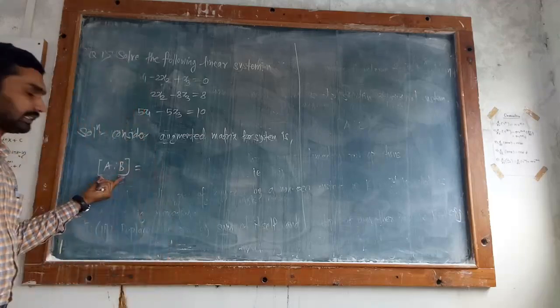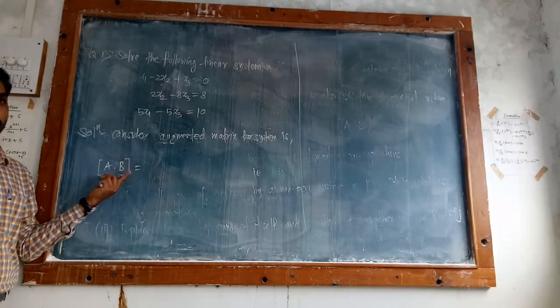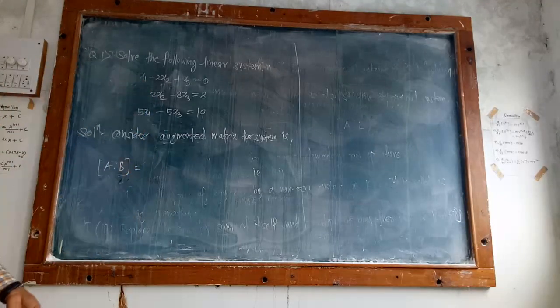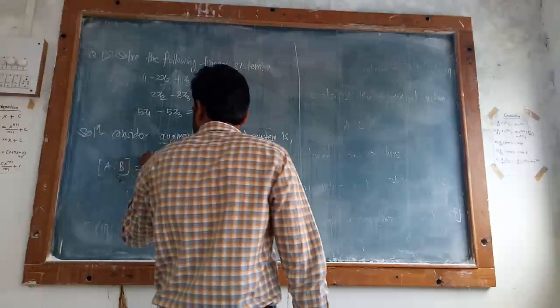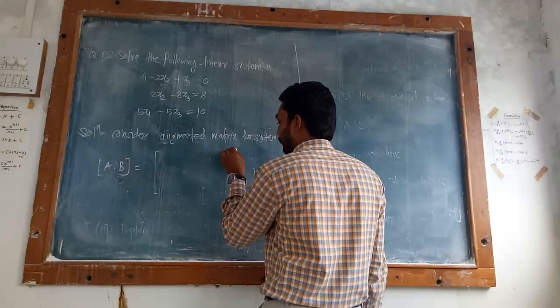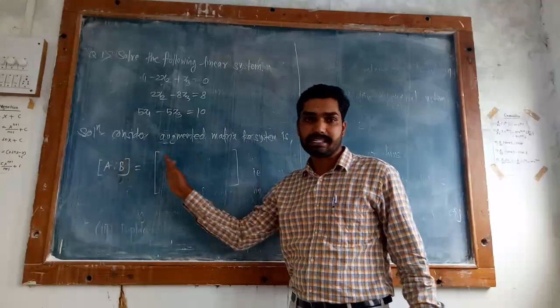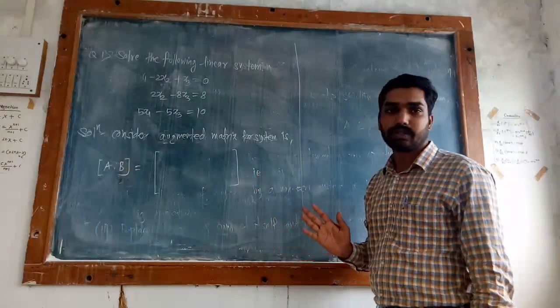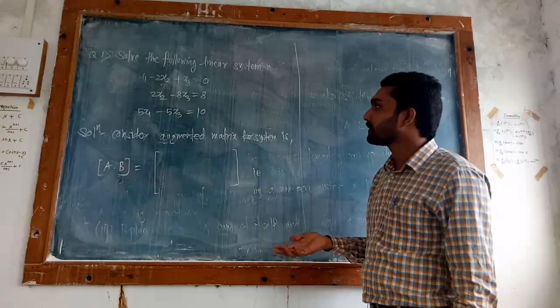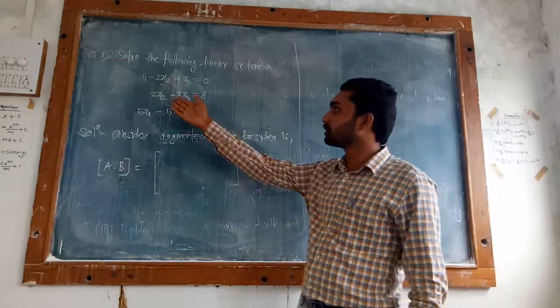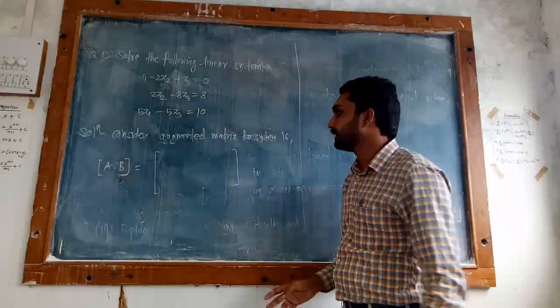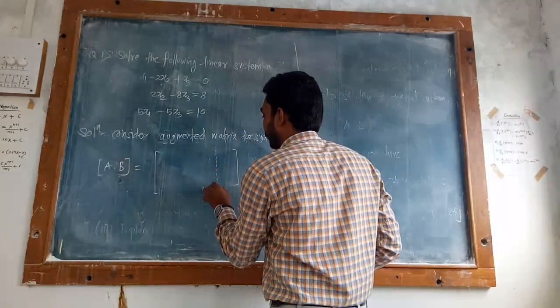This is your augmented matrix AB. We have to consider the augmented matrix AB for the given system. The augmented matrix contains the column matrix on the right side of matrix A. A is your coefficient matrix, that is, the coefficients of x1, x2, x3.